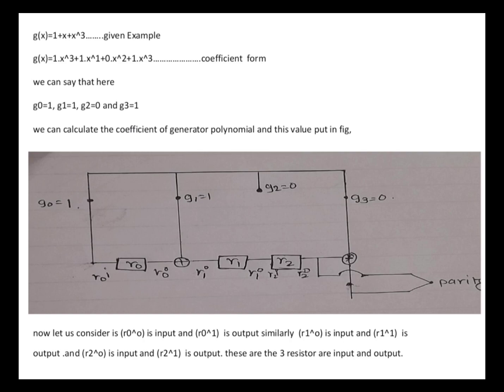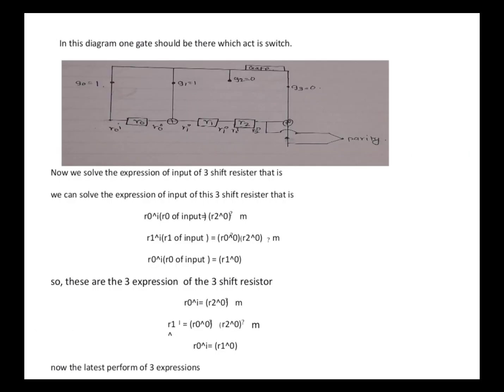Now consider the input and output of R0, the input and output of R1, and the input and output of R2, shown in the diagram. These are the 3 registers' inputs and outputs. In this diagram, one gate acts as a switch.